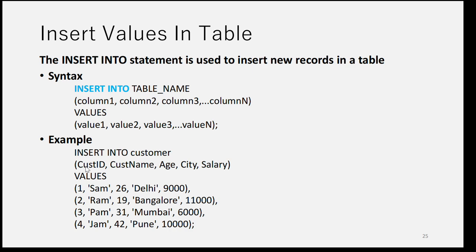The values here should be in the same order as given. For the customer ID, you are inserting into the customer having all these attributes, and then the corresponding tuple values.